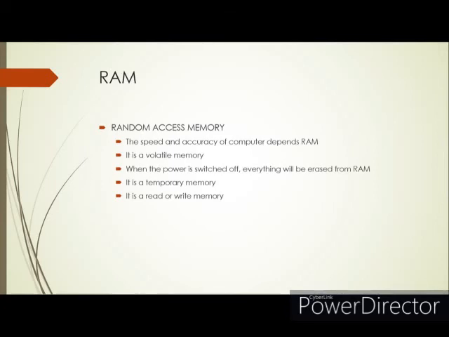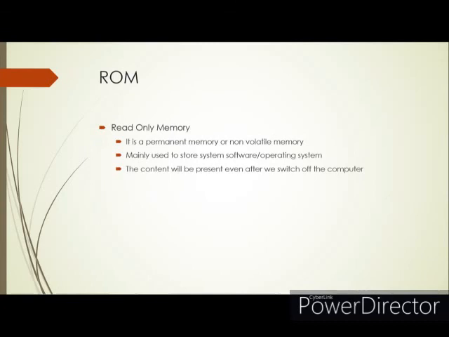It is a volatile memory, a read or write memory, and a temporary memory. That means when we switch off the computer, the content inside RAM will get erased. And next is ROM. ROM stands for read only memory. It is a permanent memory, and this memory is used to store system software or the operating system. The content inside ROM will not get erased when we switch off the computer.